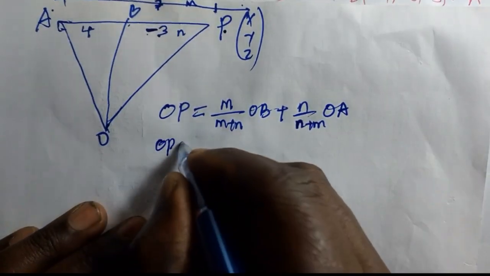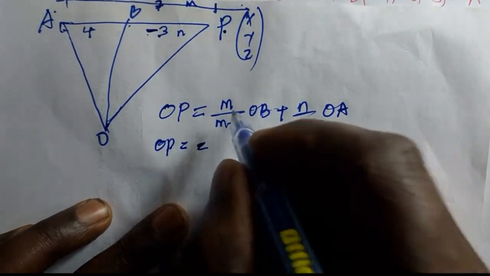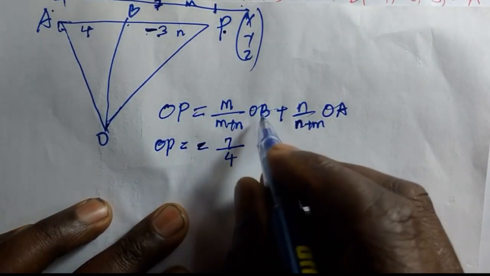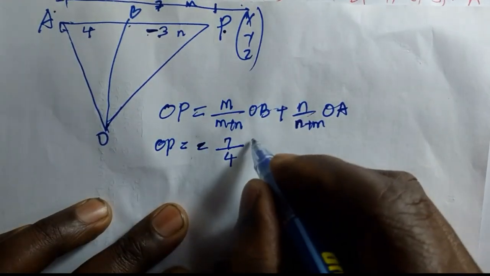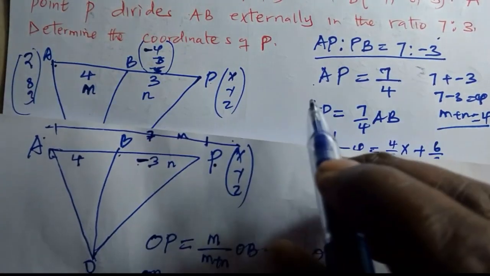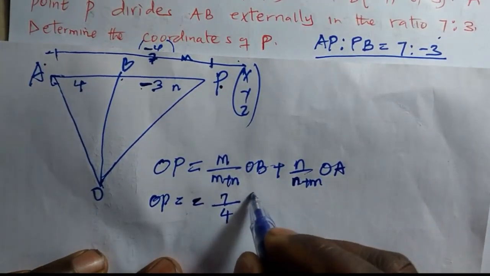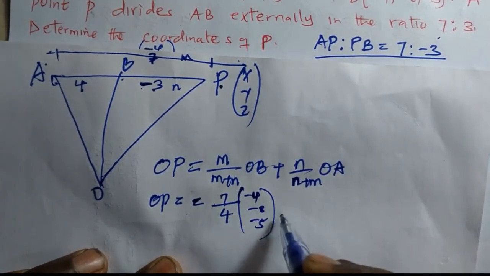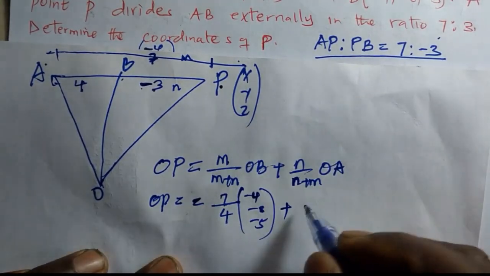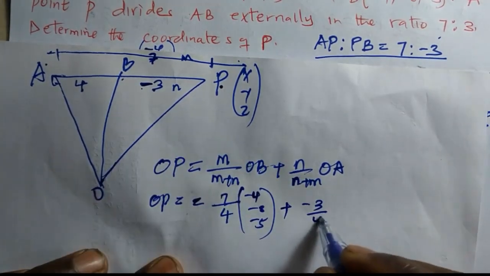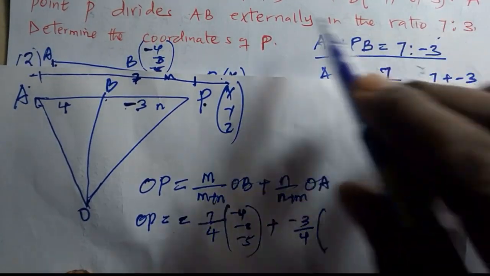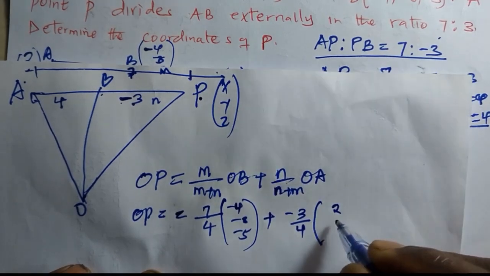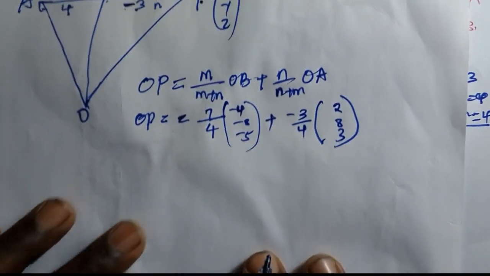So OP, which is XYZ, is equal to m, which is 7, over the total, which is 4, times OB. OB we had found, that is B, that is 4, minus 8, minus 5, plus n, which is minus 3, over the total 4, into A, which is 2, 8, 3. So this one will give us OP directly.